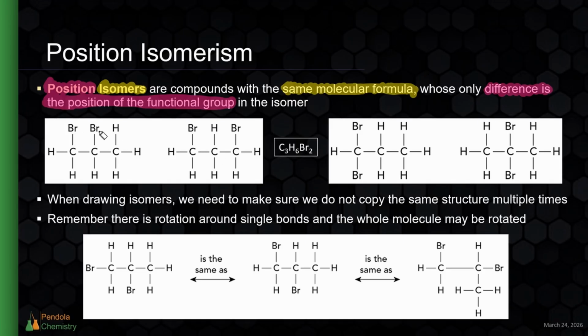Each one of these molecules has 2 bromines, 6 hydrogens, and 3 carbons. But the bromines are going to play musical chairs. The 2 bromines in this first molecule are on carbons 1 and 2. The bromines in the second molecule are on carbons 2 and 3. Actually, let me number these so it's easier to visualize.